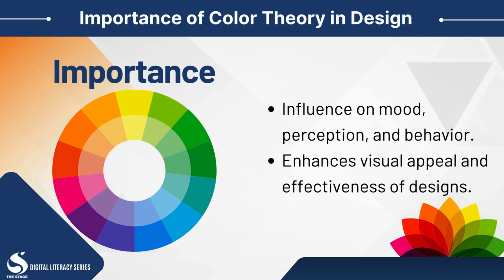So, color has a direct impact on mood. Secondly, perception. Based off of how a color is perceived, can affect how people interact with it and their response to it. And lastly, the overall aesthetic appeal. It also enhances the visual appeal and effectiveness of design.